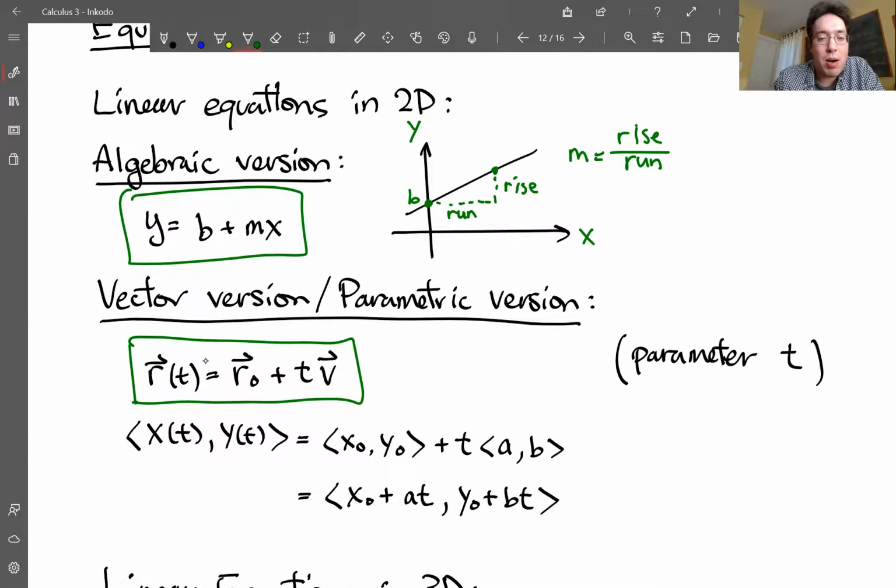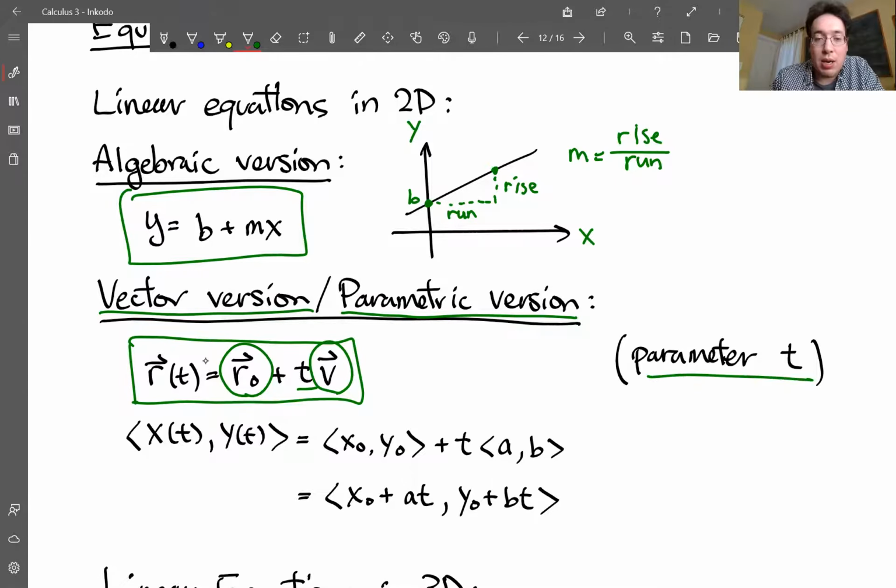So vector r is going to be some r naught, some constant vector, plus variable t times the velocity vector v. Okay, so this is the vector version of the equation, sometimes called the parametric version of the formula. And the reason why we call it that is the parameter t.